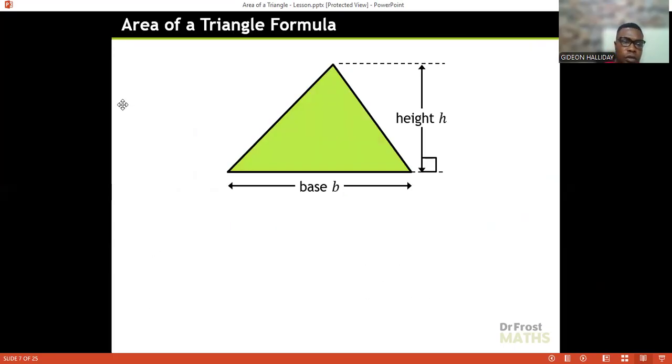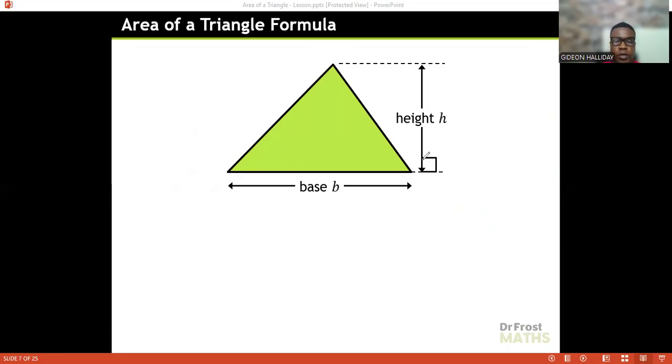So this leads us to the area of a triangle. What formula can we use? You can always use it without trying to find the area of a parallelogram first, or the area of a square or a rectangle first, right?